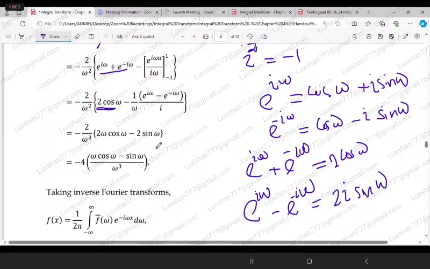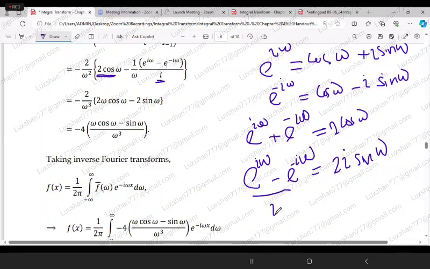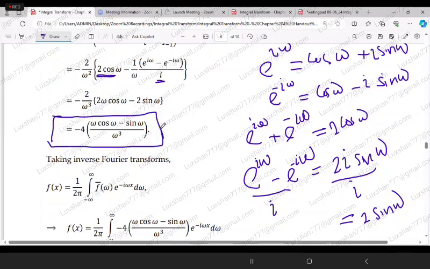So that is why we are putting 2I sine omega, but already we have I here. Therefore, when it is divided by that one, e to the power I omega over I, that is equal to 2 sine omega. So we are putting this one. So finally, the Fourier transform of the given function becomes this way. So this is the Fourier transform of the function.